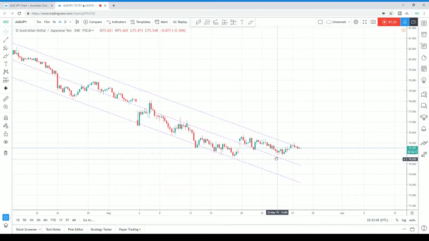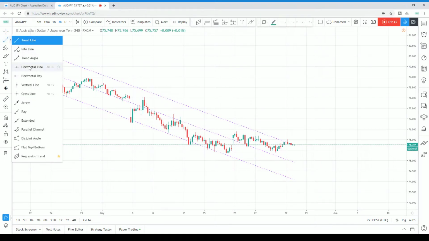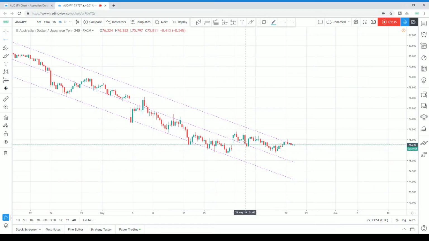The resistance is a bit more apparent here in that if we put a horizontal line here, you can see it's reversed off of these previous highs. This is kind of a zone.